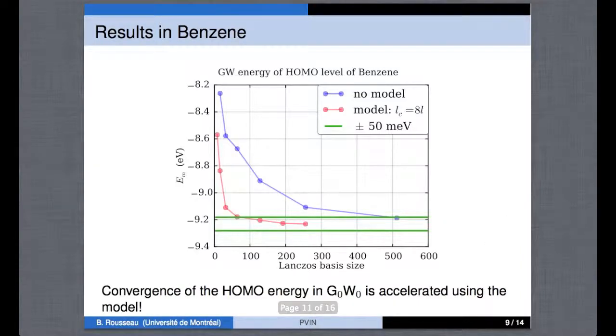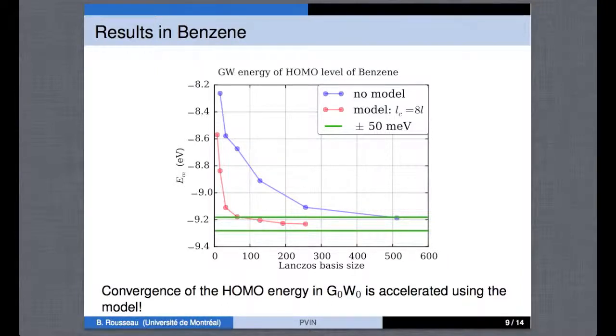Of course, we're not so interested in the dielectric operator itself. What we're interested in are these GW energies, right? So we computed the renormalized energies, in this case for benzene, as a function of the size of the dielectric basis, the number of explicit eigenpotentials that were computed. And in blue, you can see the convergence properties of this calculation when no model is used at all.